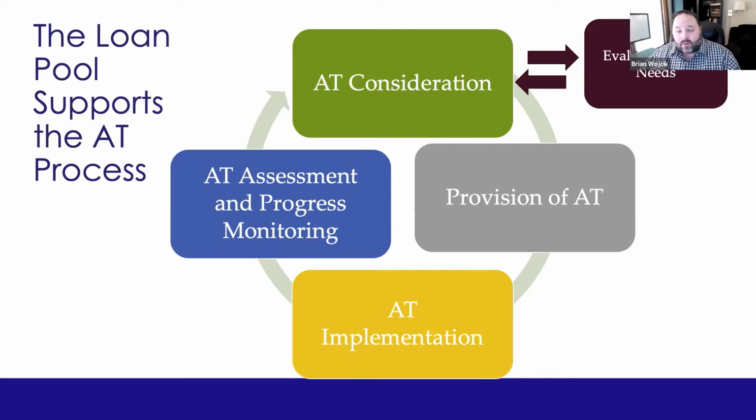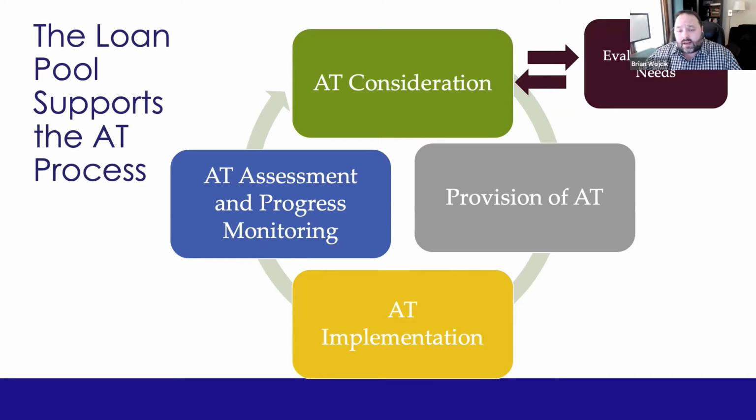In order to answer that question, they may need to collect additional information about the student and the needs of the student. That may be done through an evaluation of assistive technology needs process. During that process, teams may borrow assistive technology and try the assistive technology to help determine what is effective for the student. Once a decision is made that a student needs assistive technology, then it is the responsibility of the IEP or IFSP team to provide that assistive technology.